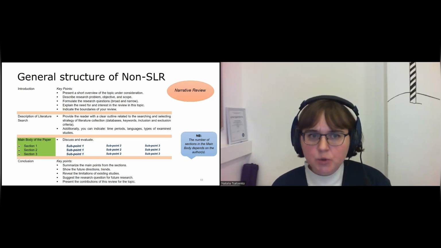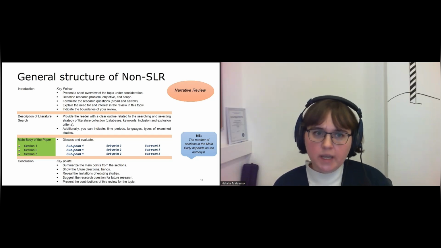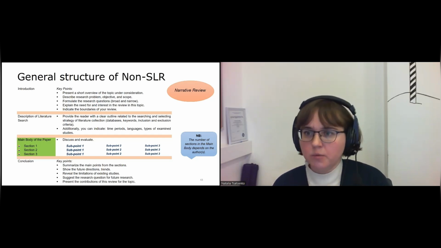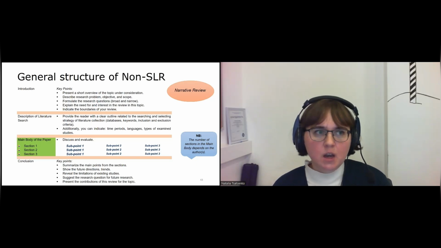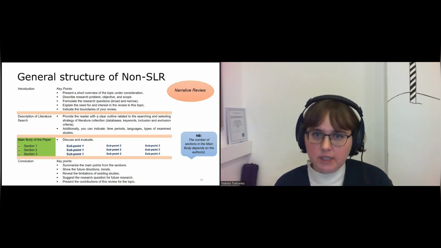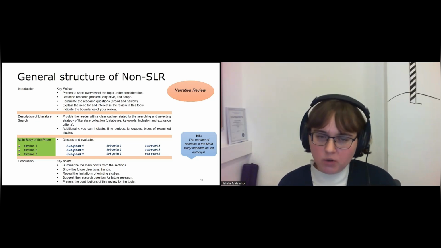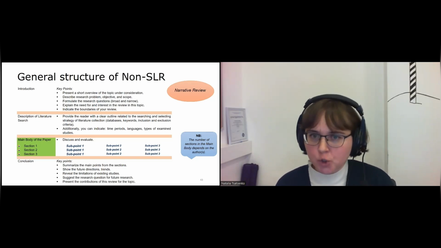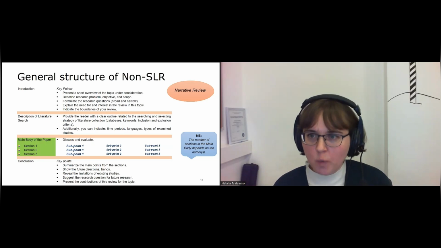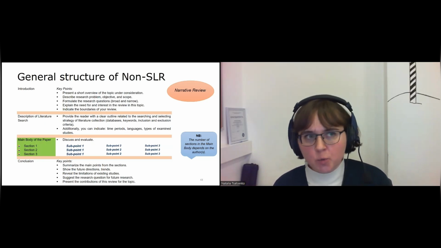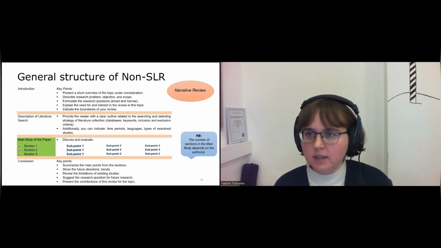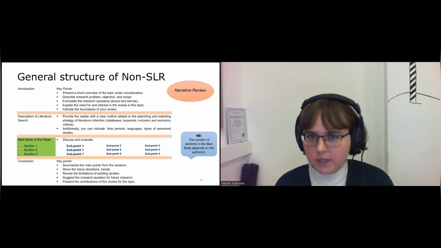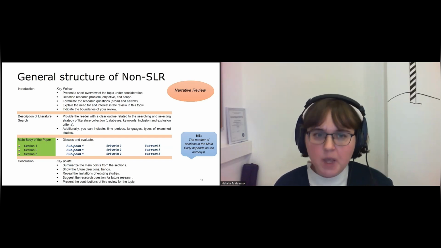In this slide, you can see a summary of the introduction part. The first paragraph shows the reader why this topic is interesting and important. We talk about our research problem, the scope and objective. We formulate the research question. Again, in the narrative review, it could be broad or narrow, depending on the scholar.